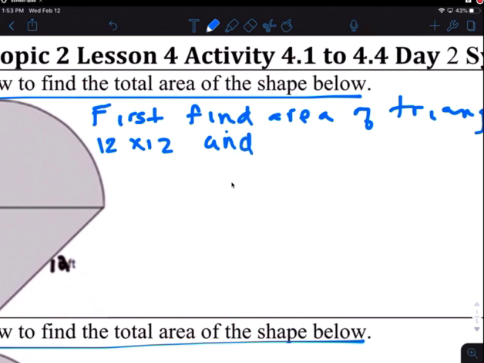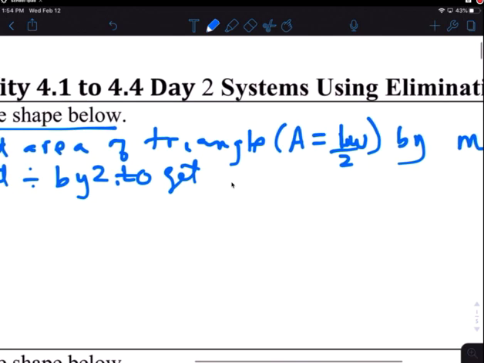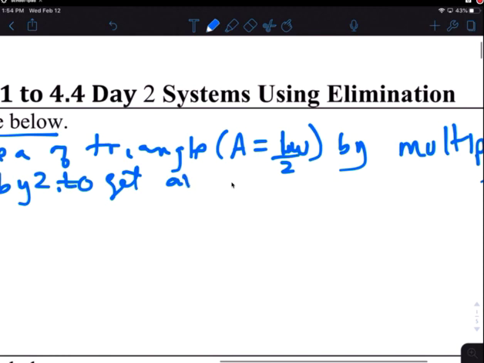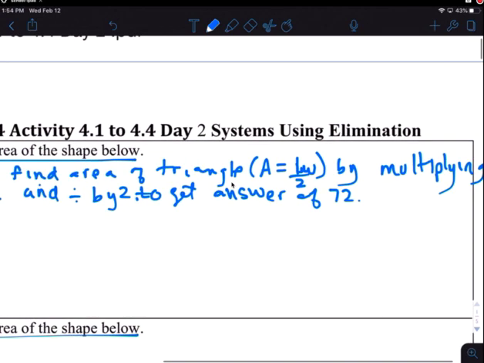Because it's a triangle, we have to divide by 2, to get an answer of 72. Okay.